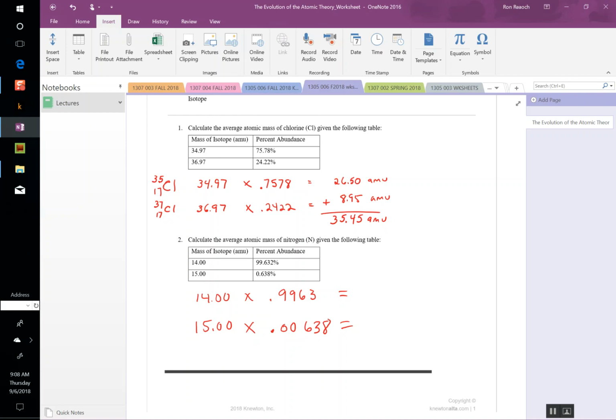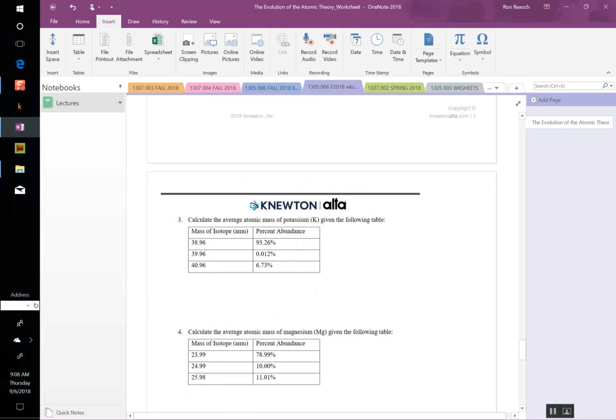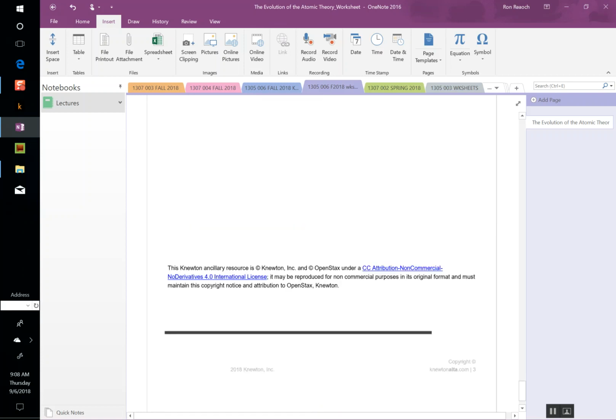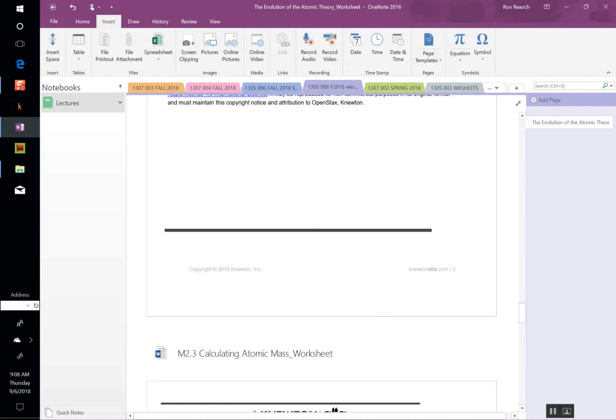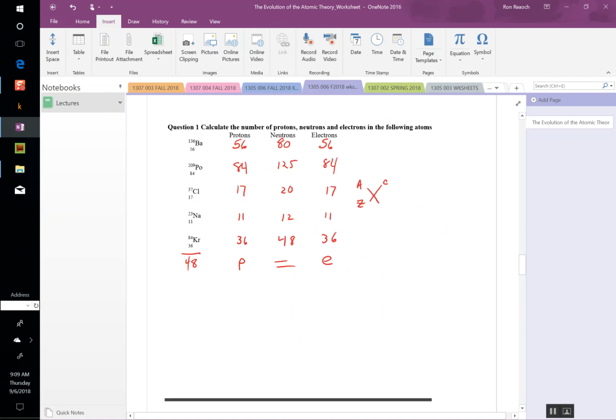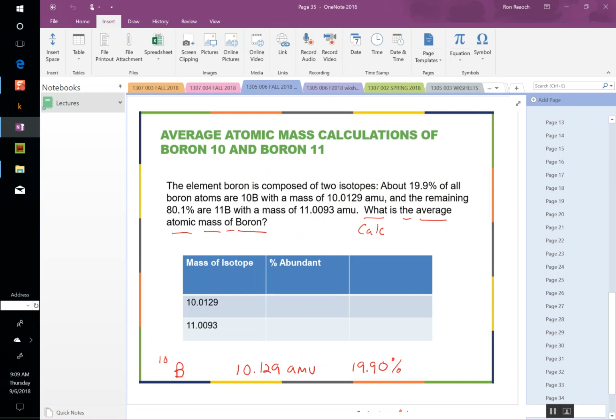And what element are we talking about? Nitrogen? Yeah, 14.01, something like that. Okay, I'll leave the other two for you to do. The answers I didn't give you there, but they should be posted in Newton.